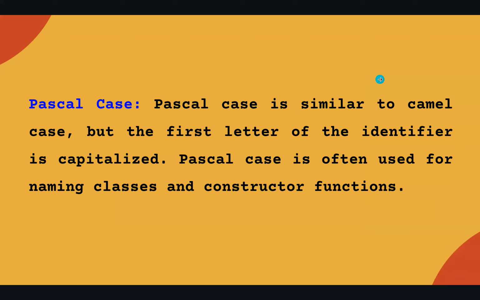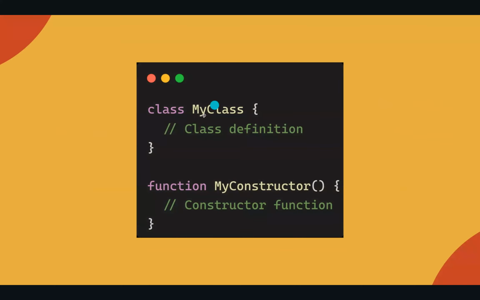Pascal case is similar to camel case, but the first letter of the identifier is capitalized. Pascal case is often used for naming classes and constructor functions. In camel case the first word starts with a small letter, but in Pascal case, every word starts with a capital letter. If you take an example, these will be classes. MyClass: my is a separate word, class is a separate word, even then M also starts with a capital, C also starts with a capital.